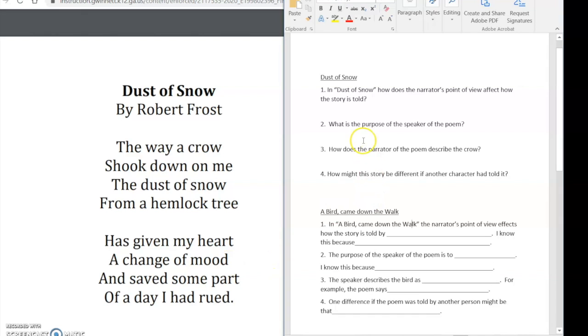So the first one says, in Dust of Snow, how does the narrator's view affect how the story is told? So I'm going to say the speaker tells what happens to him and the way it makes him feel.